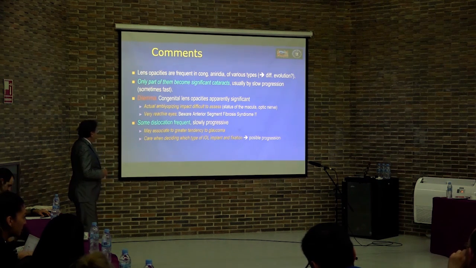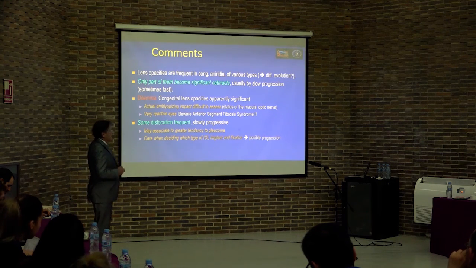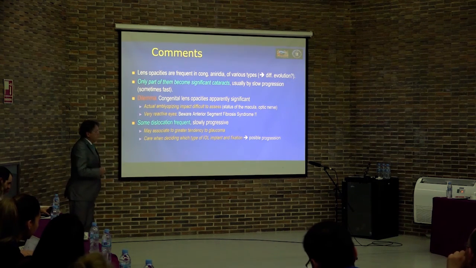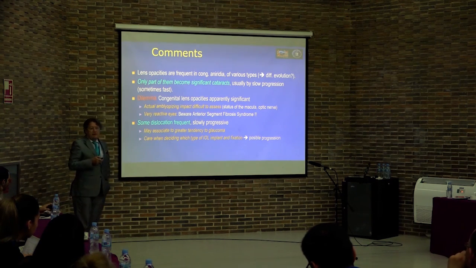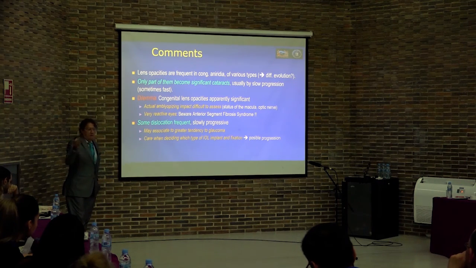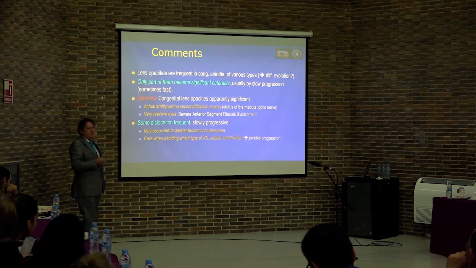This is important to decide, because even if the dislocation is very mild, it may progress. So at the moment of deciding which kind of lens we are going to put in a young person, we have to consider that this person is going to live for many decades, and maybe we should think about fixation of the lens that will last for all their life.